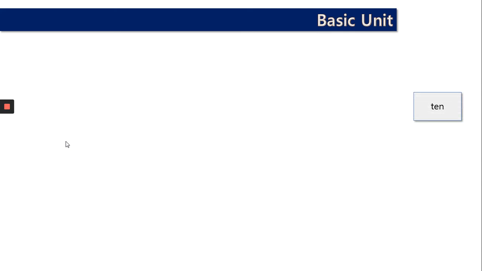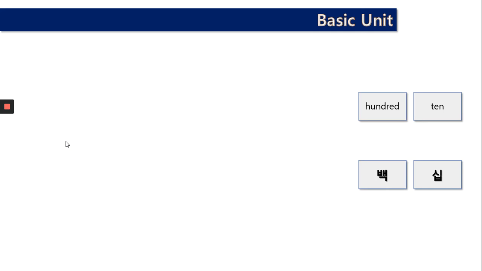In English, 10, and in Korean, 10. How about 100? 100 in Korean? 백, like my bag. 1,000 in Korean? 천. This is easy, but this is slightly different.